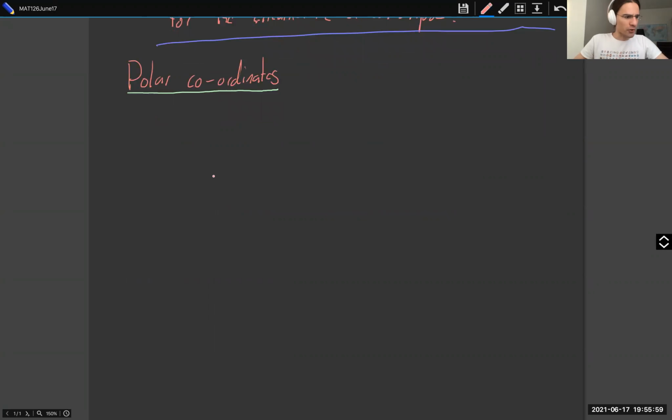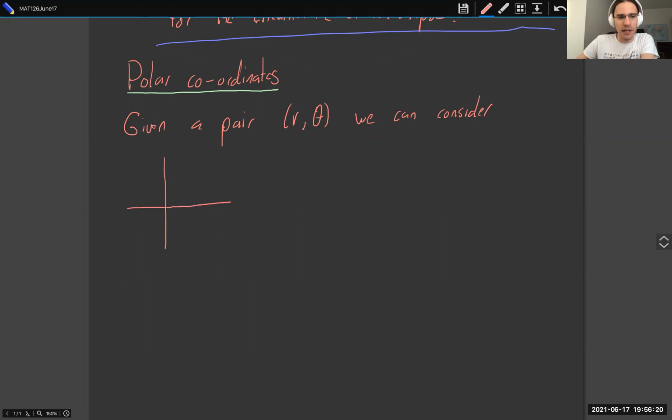Now, what are polar coordinates? Well, given a pair r comma theta, we can consider the following thing. So let's say this is our Cartesian plane.